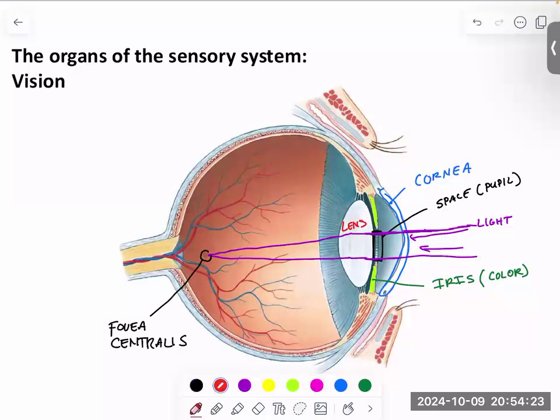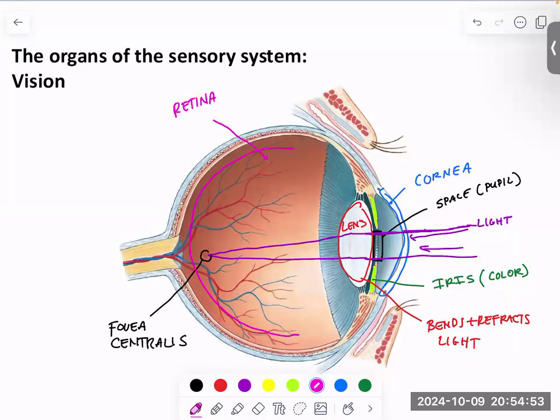The lens bends and refracts the light, so it can focus on the fovea centralis. The fovea centralis is on this layer of the back of the eye. Everything in that orange pink stuff is the retina. The retina holds all of your light receptors.